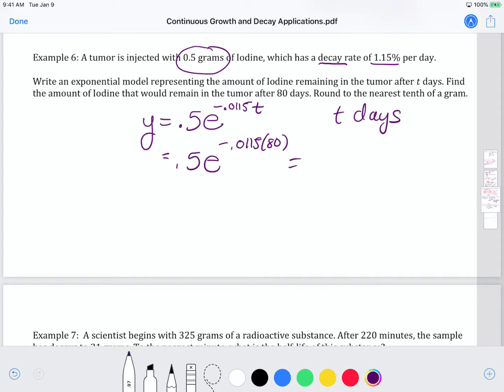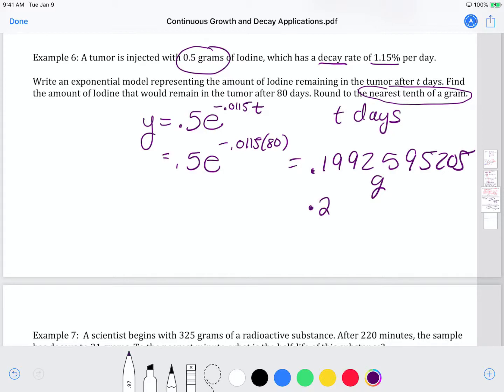I'm going to put in e to the power of negative 0.0115 times 80. And that answer gives me 0.1992595205, and this is in grams. The question says round to the nearest tenth of a gram, so that means one decimal place. So I'm going to round it to 0.2 grams as my final answer.